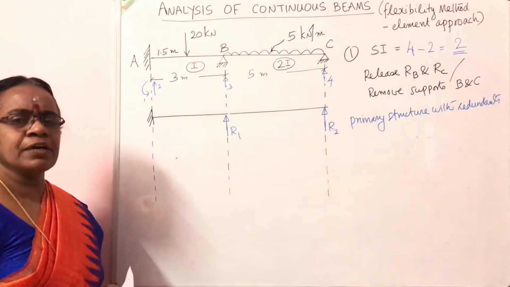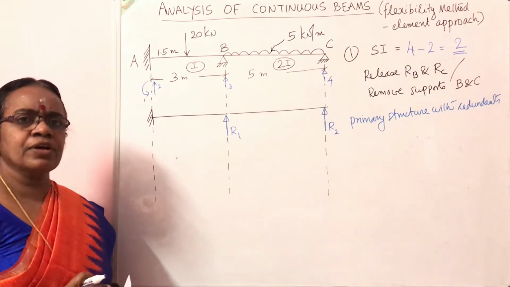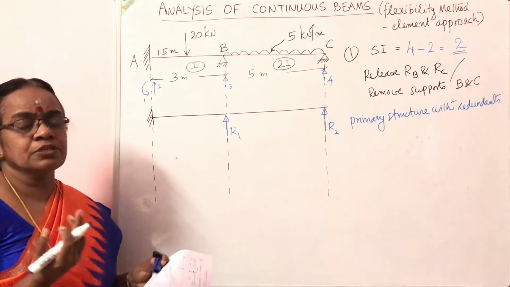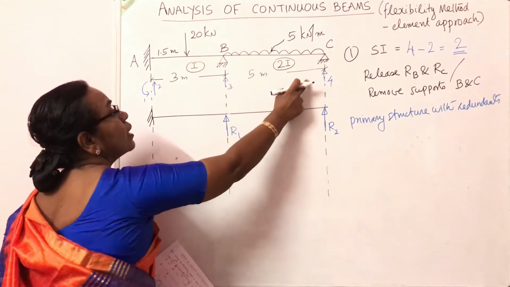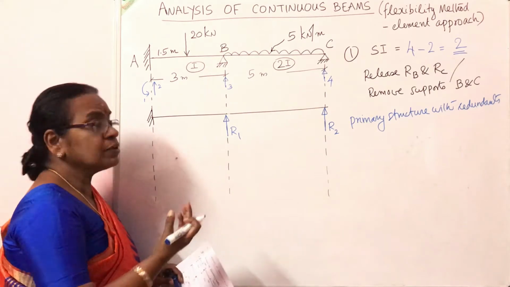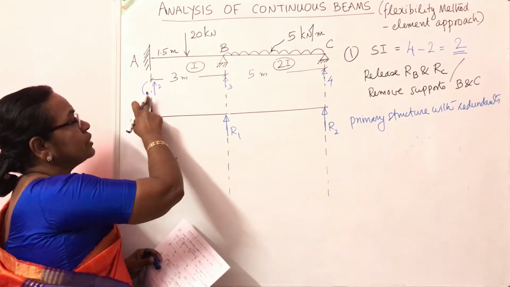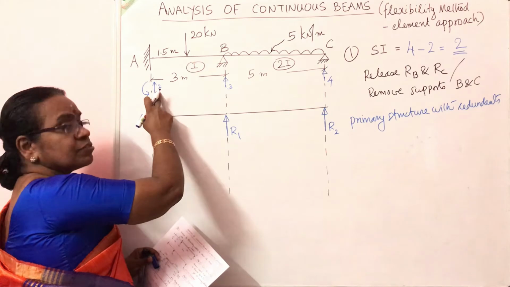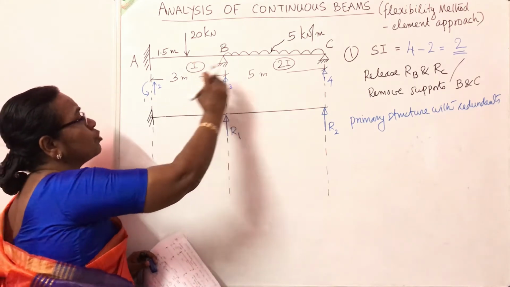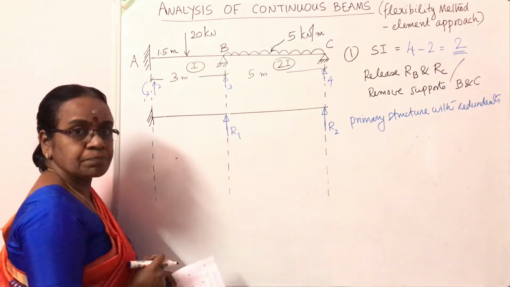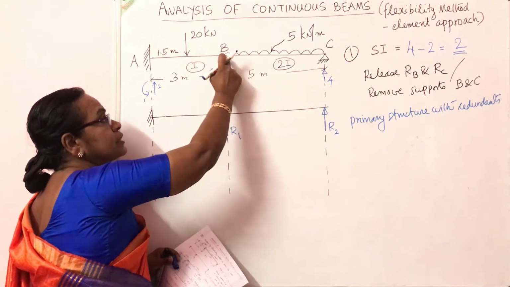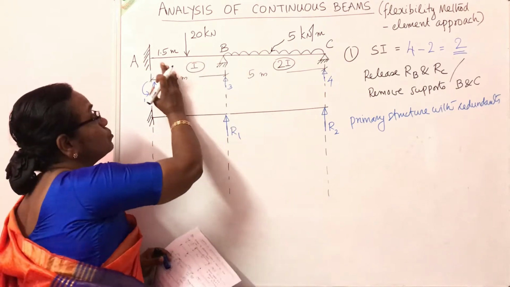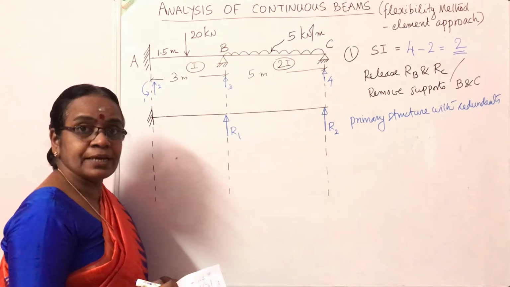After identifying the redundants, you can release any 2 redundants. So there is flexibility for you to choose the redundants. Here I have chosen RB and RC as redundants. Even if you want to take the moment at this point and this as redundants, it will be a simply supported beam with overhang. Or if you want to release the moment MA and the moment MB, it will become 2 simply supported beams, AB and BC.